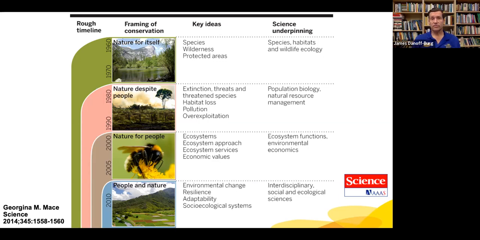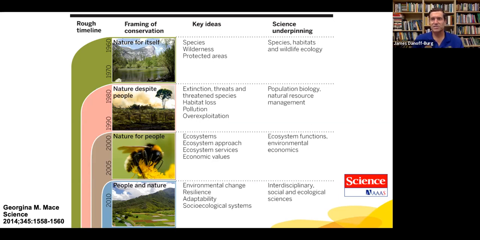I need to learn better from communities about what they know so that we can learn how to better conserve those species, make them more sustainable as an ecosystem, and make them beneficial in the eyes of local communities. Because otherwise we are in the nature despite people. We're fighting communities. Let's work with communities. So this people in nature phase is the most recent form of conservation and is one that I'm particularly passionate about.